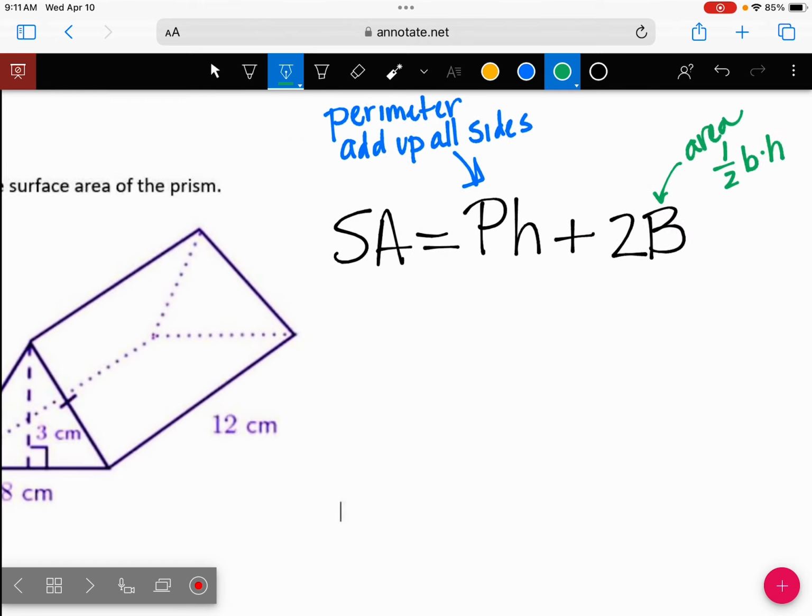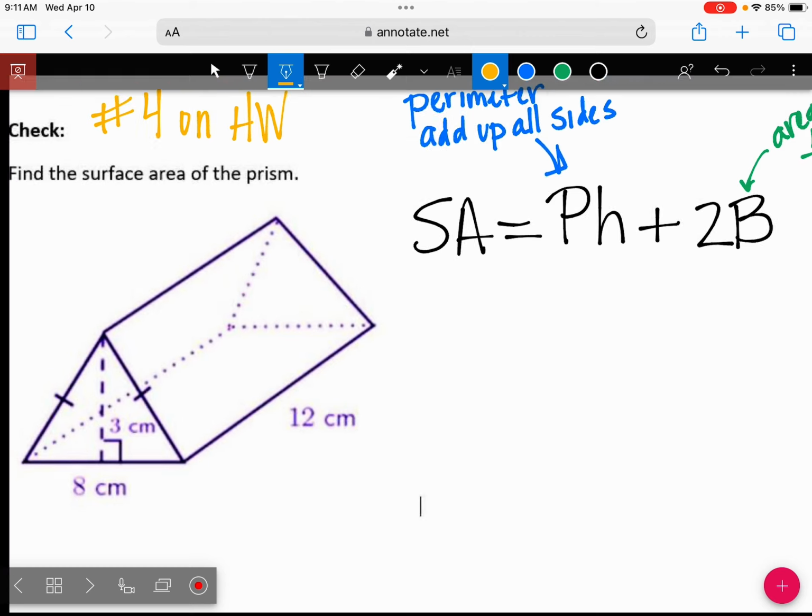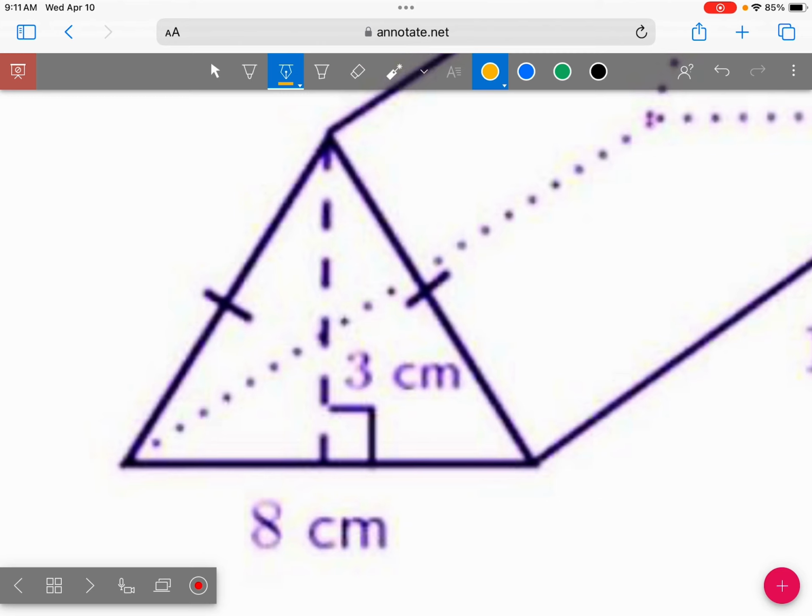Now, this question that we're working on is like number 4 on the homework. So we're kind of doing a homework question together. So we have our triangle.